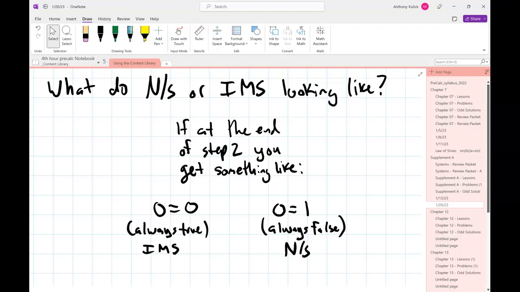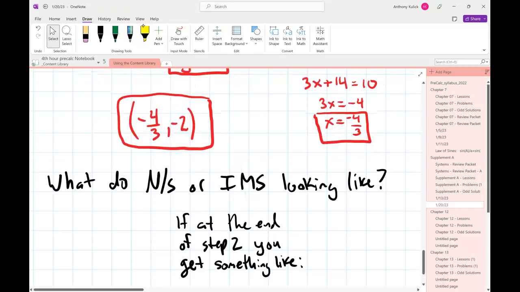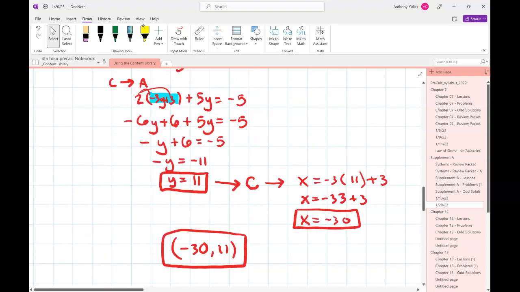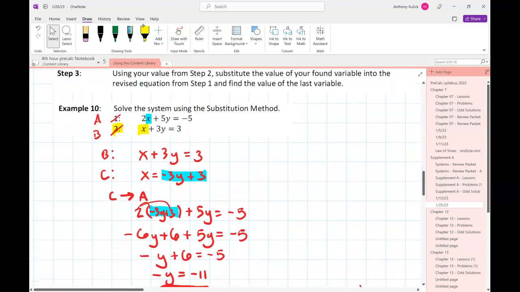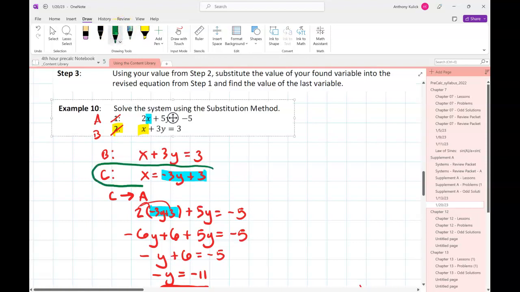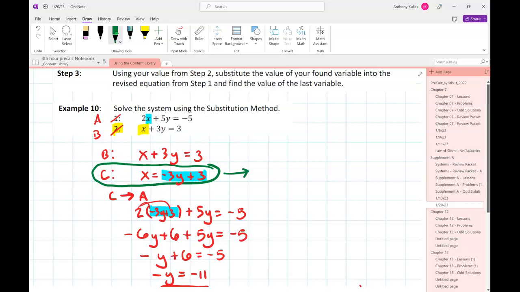Okay. I want to point out one thing you have to be careful about when doing the substitution and worried about the infinitely many situations. Imagine we took equation C, but instead we plugged it back into B. Where did equation C come from?